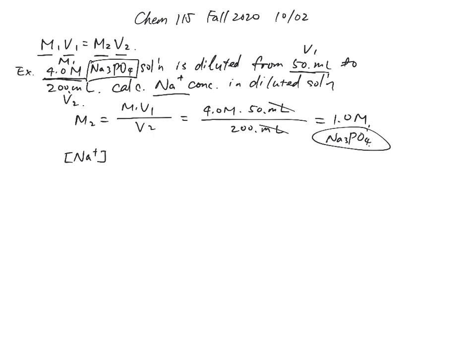Now the bracket surrounding a chemical compound or a positive or negative ion simply means concentration of whatever is in the middle.